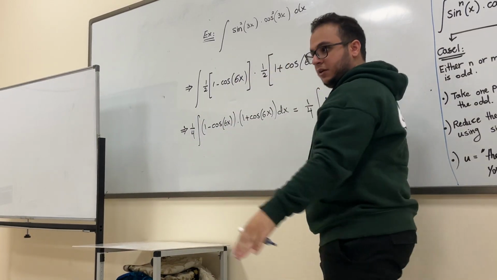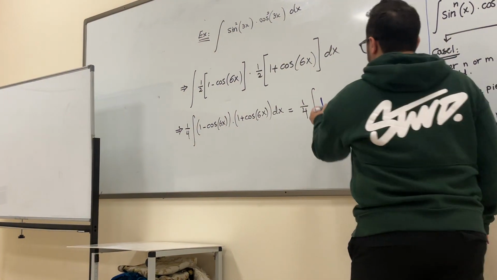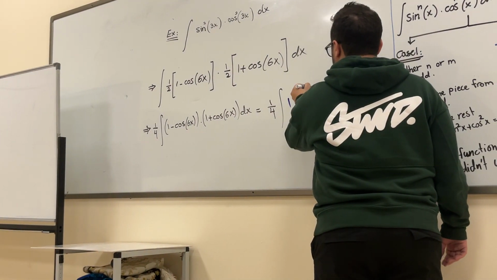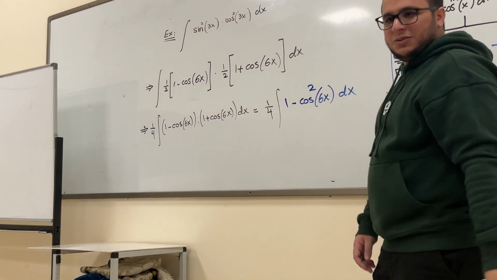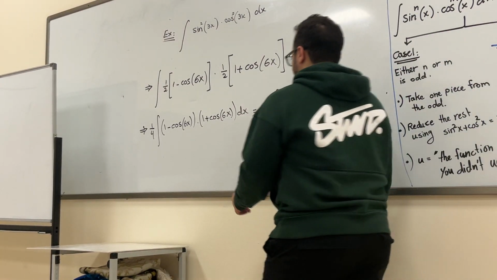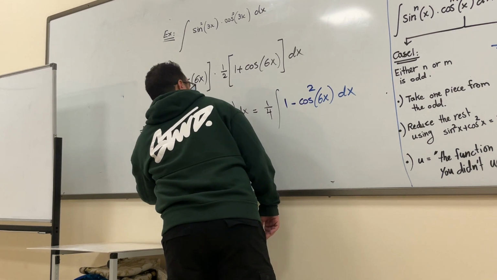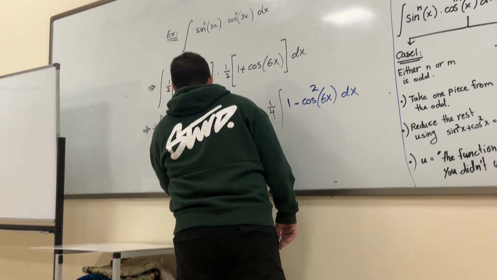They cancel each other. It's like a minus b times a plus b, a squared minus b squared. So you get 1 minus cosine squared of 6x. What's 1 minus cosine squared? Sine squared. So 1 over 4, integration sine squared of 6x dx.